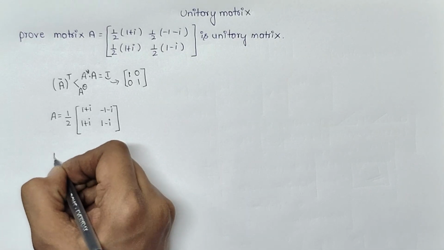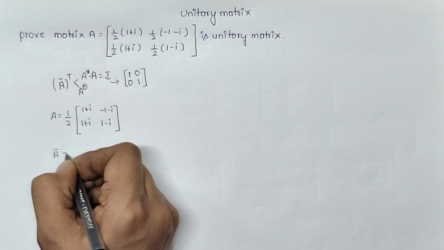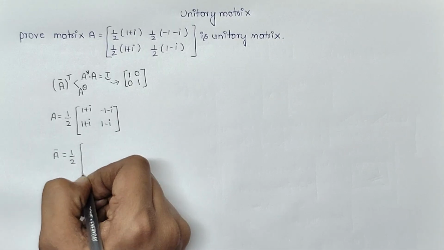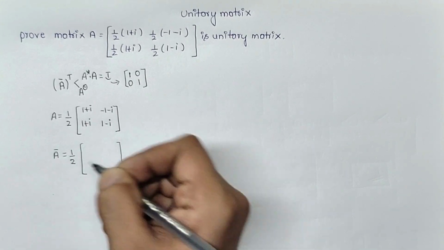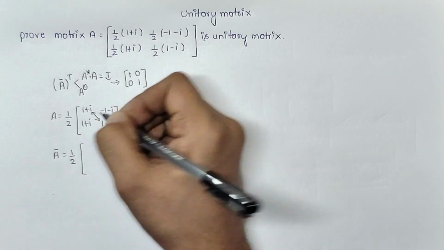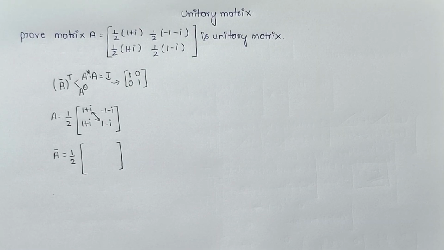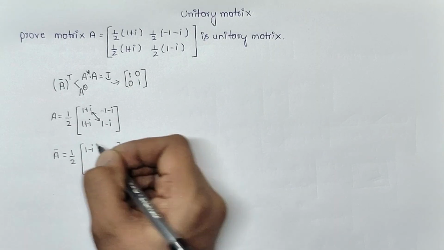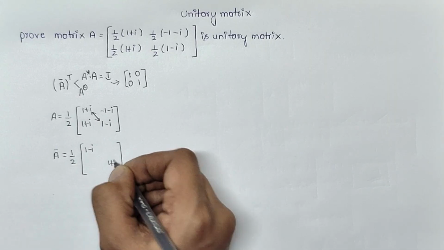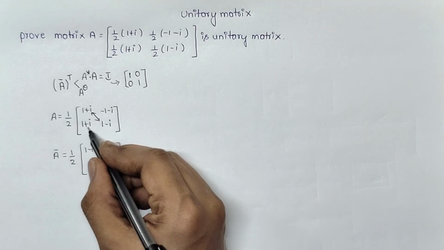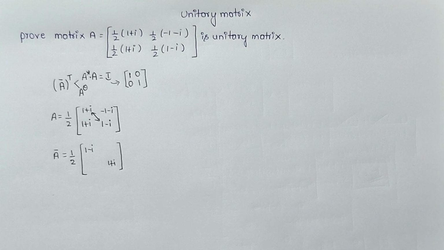Now let's make the conjugate of the matrix. So what will be the conjugate? It is very easy to write the conjugate. How? We will be exchanging or swapping the values of the diagonal elements. 1 minus i will come here, 1 plus i will come here. Next, for the other two elements which are left, we will change the sign of only i.